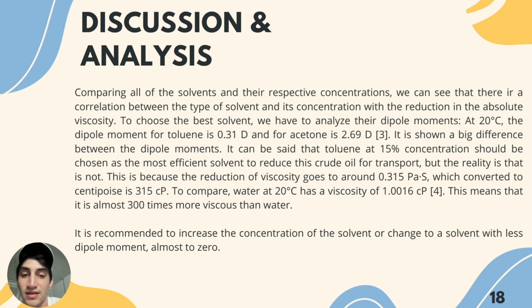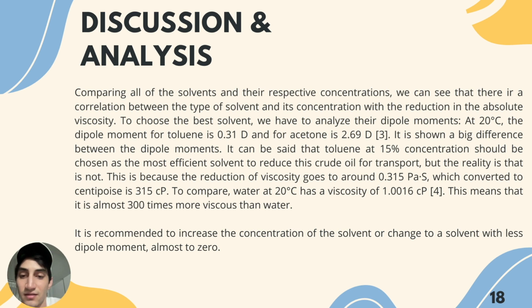shown in the single graph of toluene 15% viscosity plotted against shear rate, we can see that the viscosity is around 0.315 Pascal second, which we can convert to centipoise, and it gives us 315 centipoise. To compare, water at 20 degrees Celsius has a viscosity of 1 centipoise.